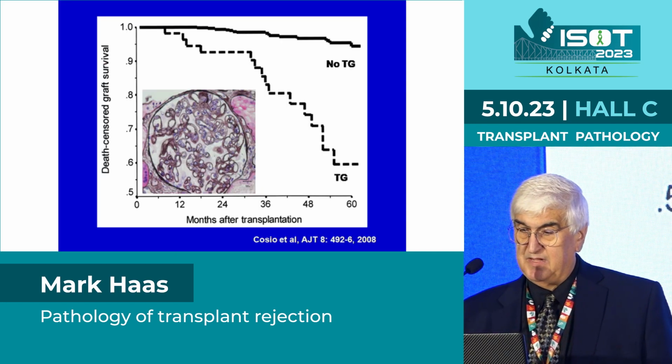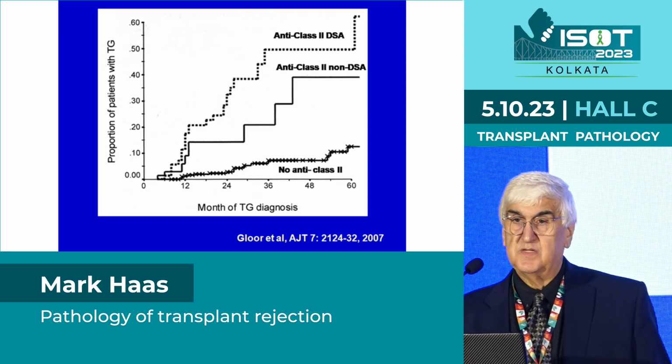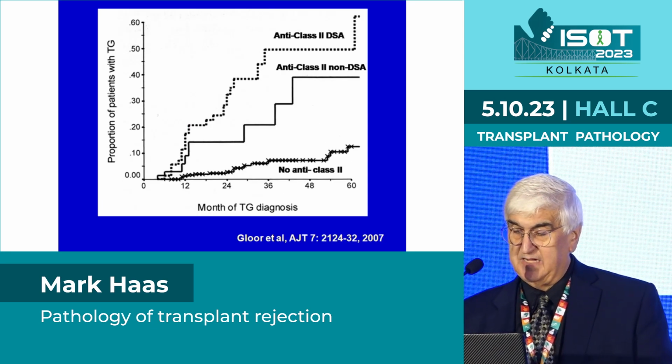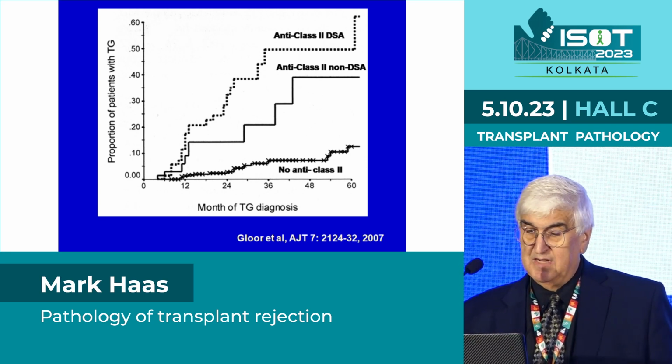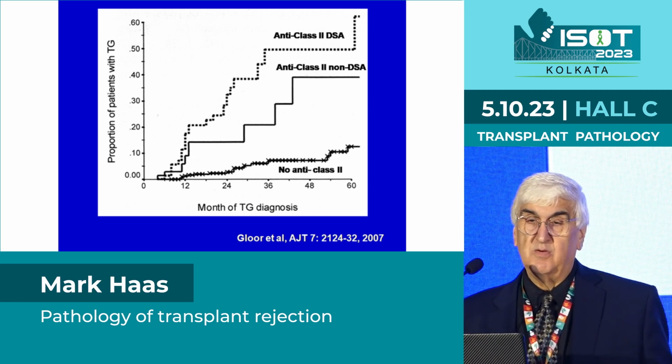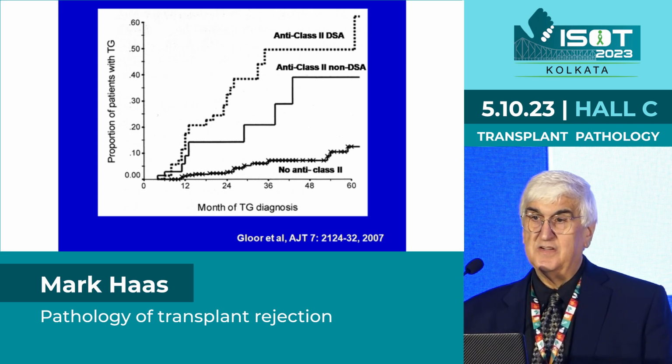Transplant glomerulopathy is well known to be a bad lesion associated with declining graft function and increased risk of graft loss. It's also associated with donor-specific antibodies, particularly against anti-HLA class II. But notably, lesions of transplant glomerulopathy by light microscopy are only very rarely seen in the first year post-transplantation.